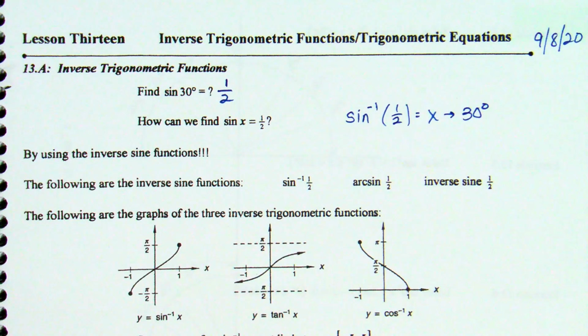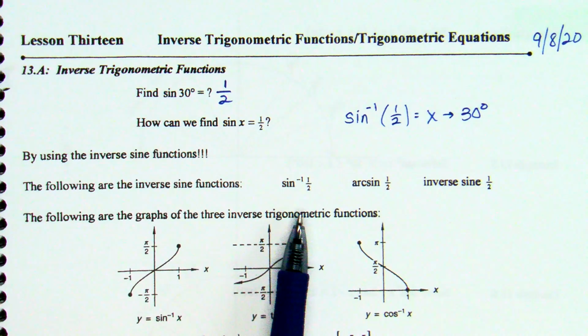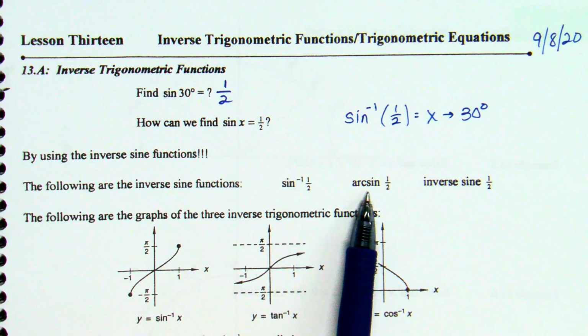So the name of the game today is the inverse trig functions. I think last year's book used alternate ways. I tend to do sine inverse, so sine with the -1. I remember introducing arc sine. The calc book likes to use arc sine.